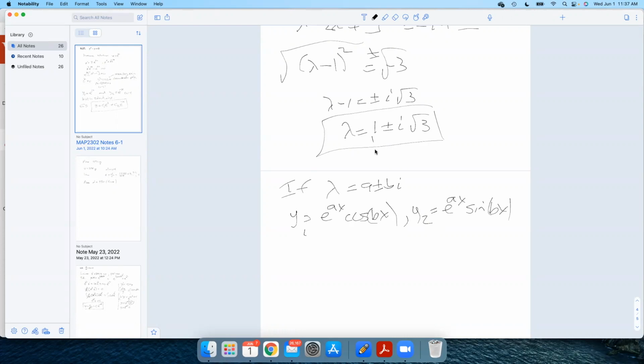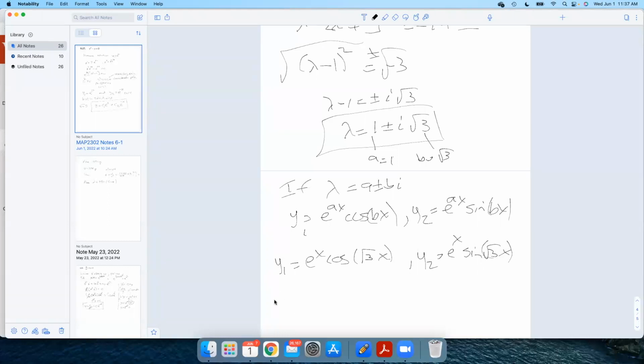So my A is 1, my B is square root of 3. The i just tells us that I need this form. There won't be an i in my answer. So then my solutions here will be e to the x cosine of square root of 3x, and y2 is e to the 1x, e to the x sine root 3x.